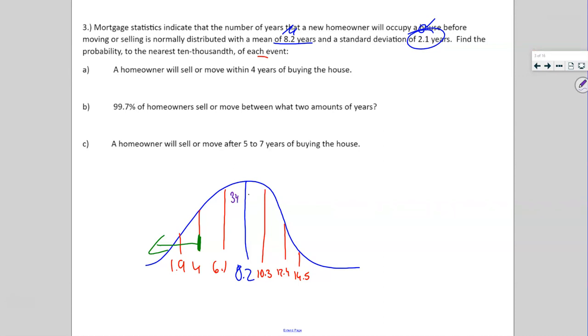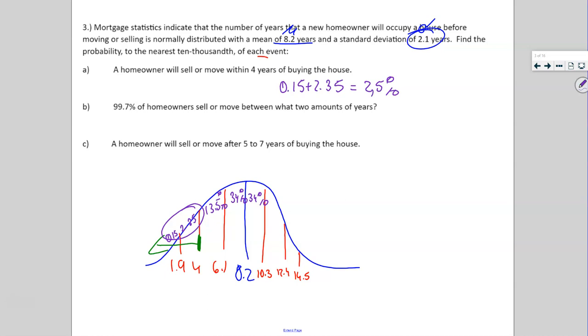But this is 34%. This is 13.5. This is 2.35. And this is 0.15. So I'm only going to add these two. So 0.15 plus 2.35 because it's all less than 4. That should give you 2.5%.